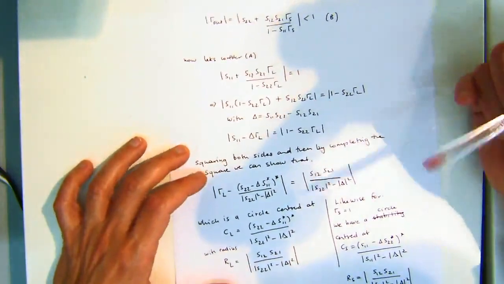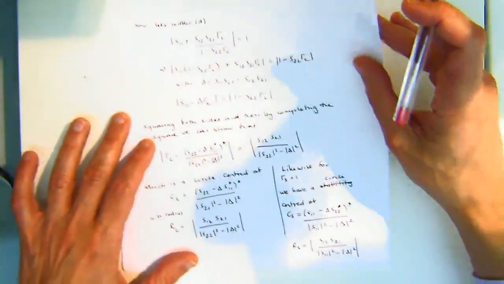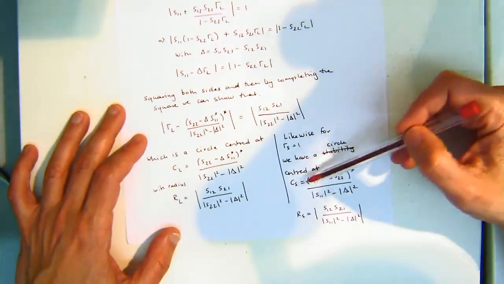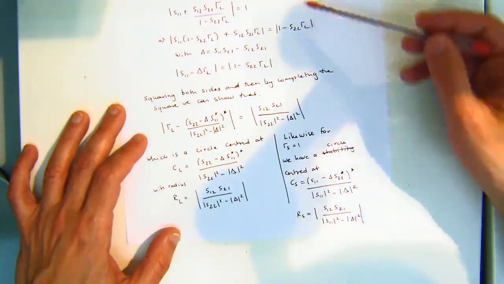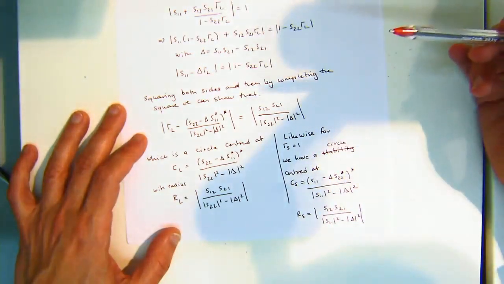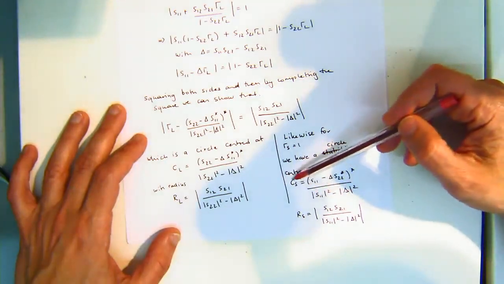And you can do exactly the same for the source. You can go through and work out for which values this quantity here, gamma out, is exactly equal to 1.